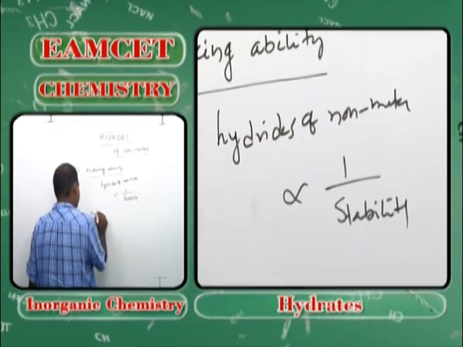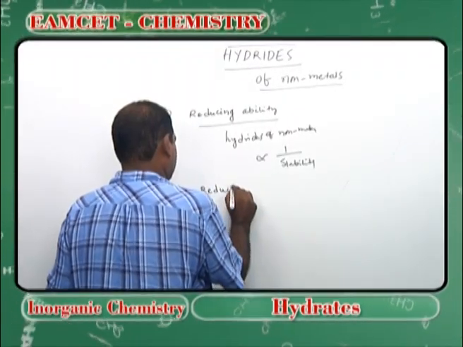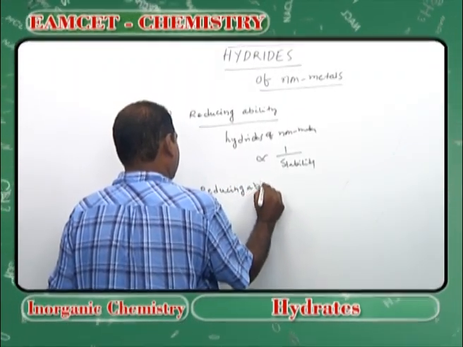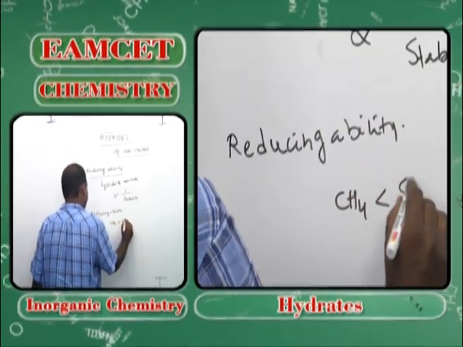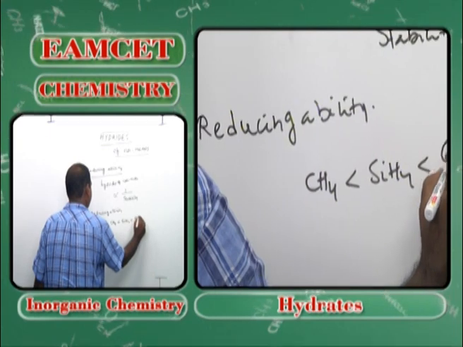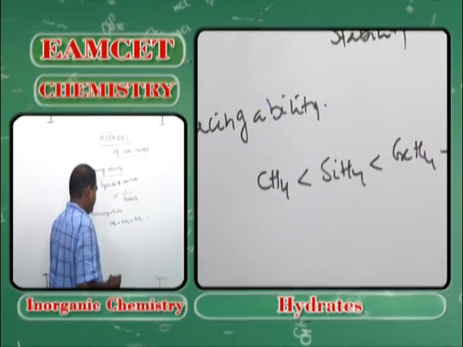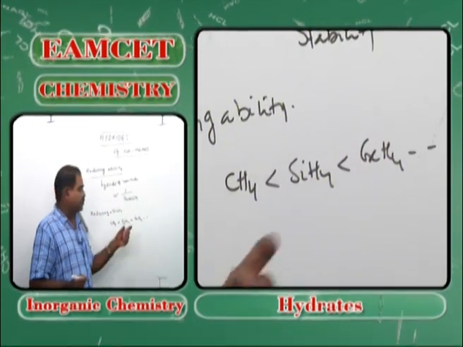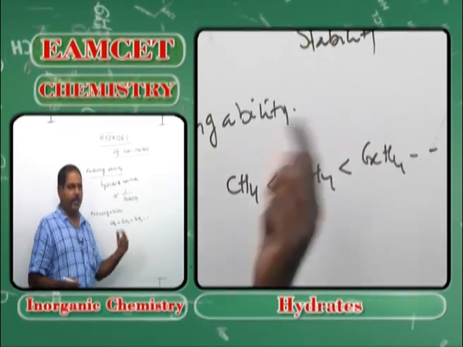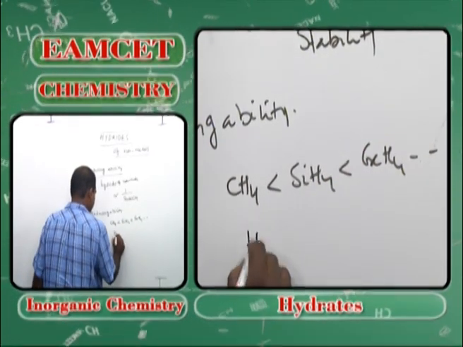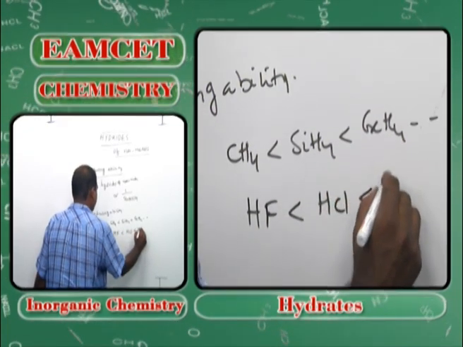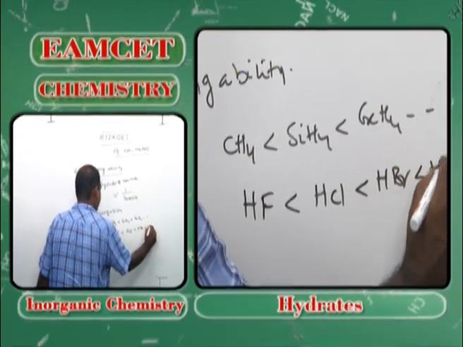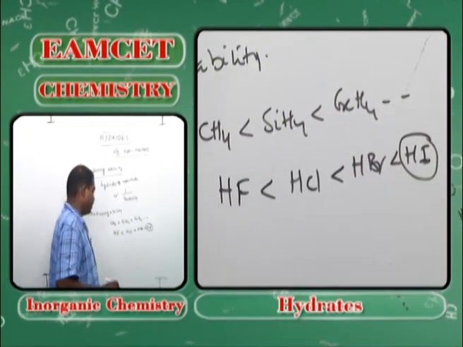Therefore, the reducing order, let us write for a few: methane less than silane less than germane, it is the inverse order. Because the germanium hydrogen bond is weaker, it breaks easily. Same is the case with the HF, HCl, HBr, HI bonds. That is why HI happens to be a very powerful reducing agent.